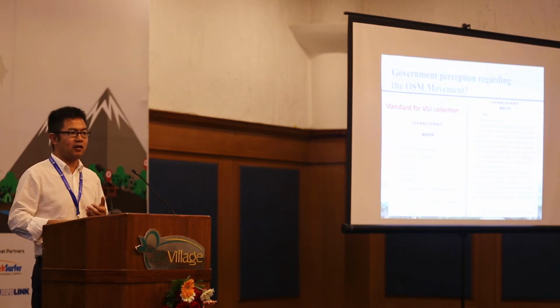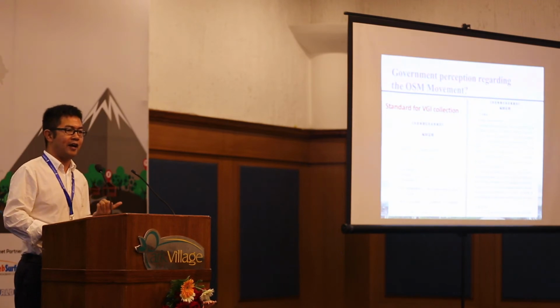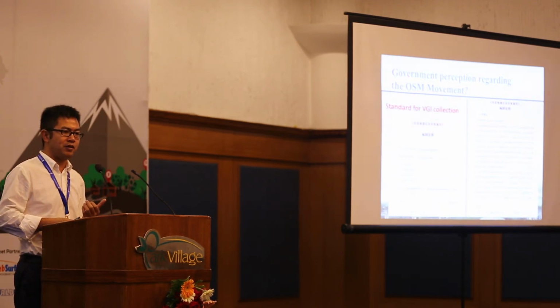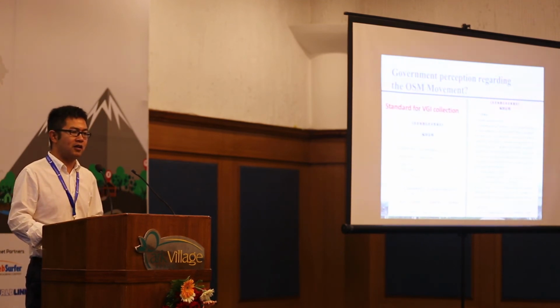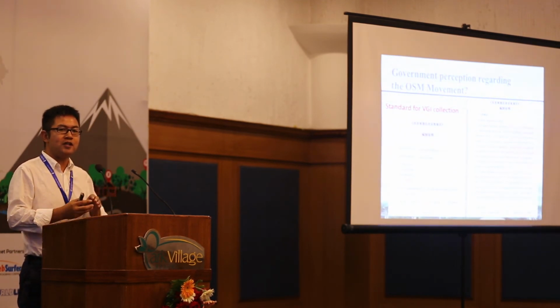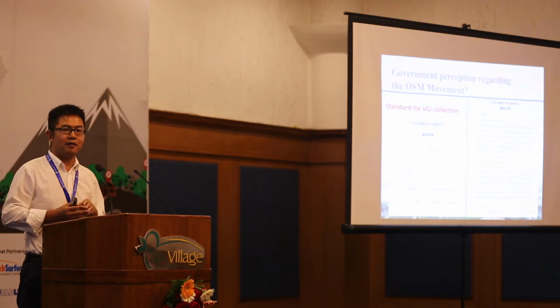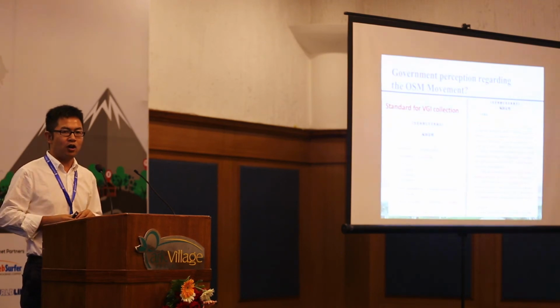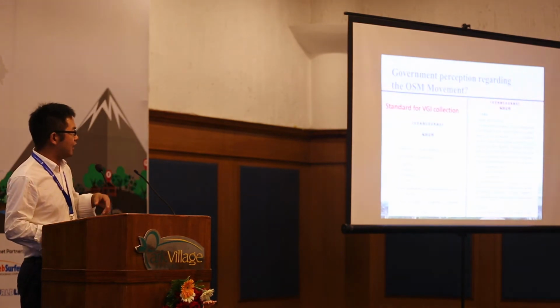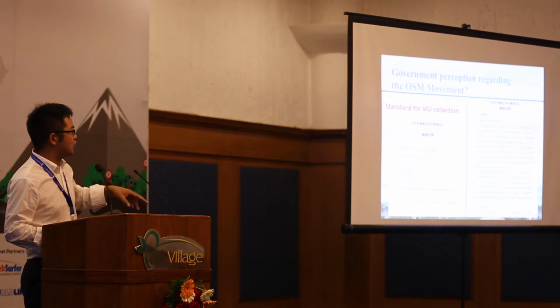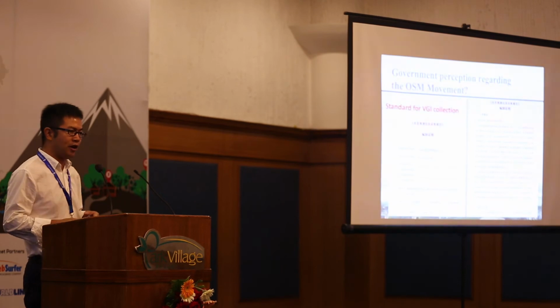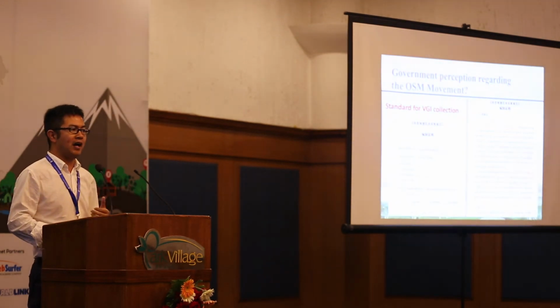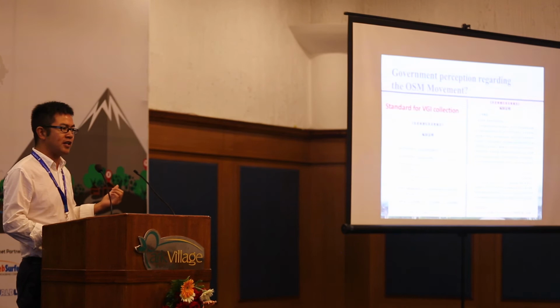For VGI data collection, we don't need high accuracy; for survey and mapping, you need high accuracy. And in terms of feature types, we don't need as many kinds of features as the authority survey. I was in a team defining the standard for VGI collection, and now it's approved by our National Geometrics Center.